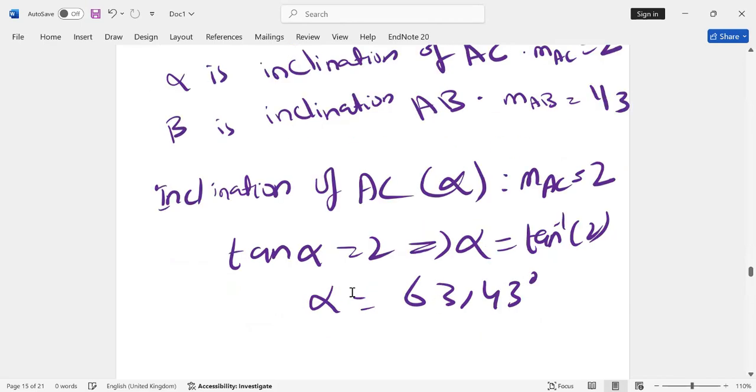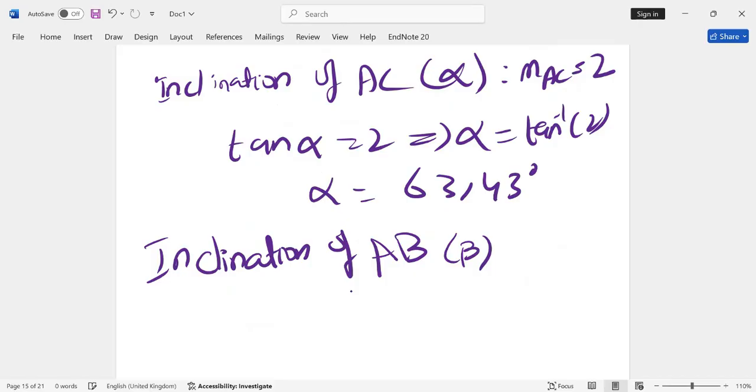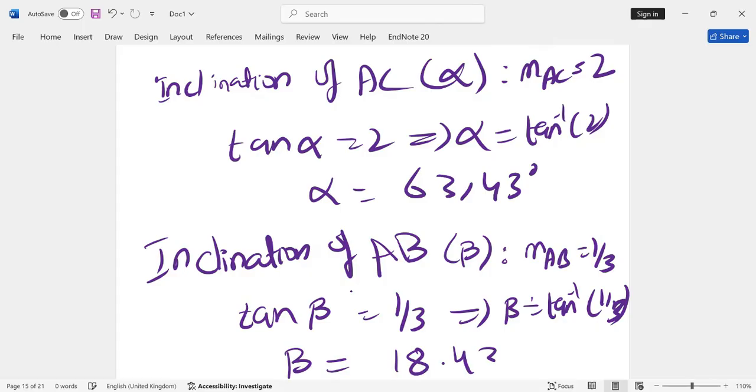Okay, so inclination of AB: the gradient is 1 by 3. So tan beta equals 1 by 3, so beta equals tan inverse of 1 by 3, and we have beta equals 18.43 degrees.